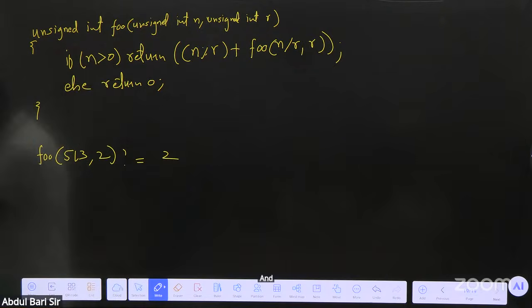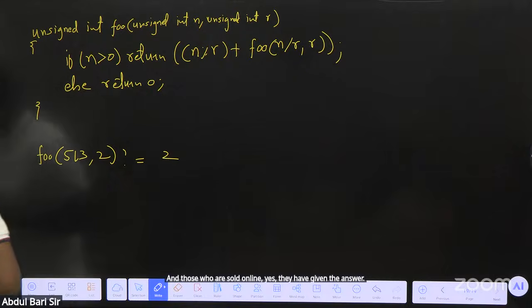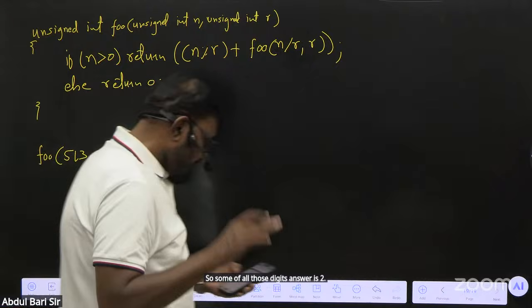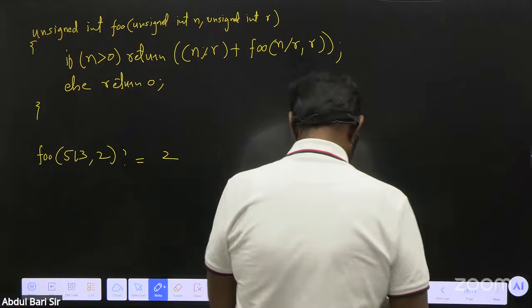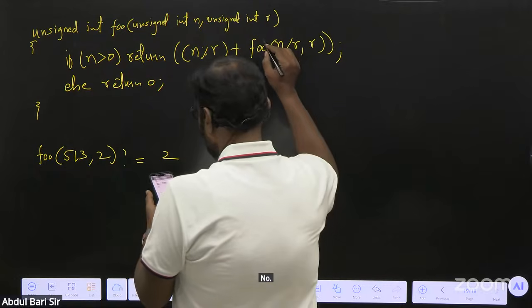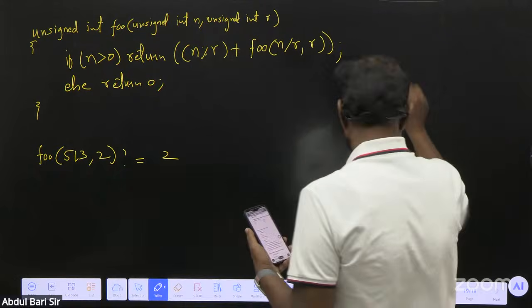And those who solved online, yes, they have given the answer. Adrija has given the answer. So sum of all those digits. Answer is 2. Okay. Next question.